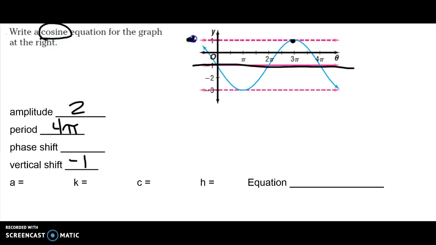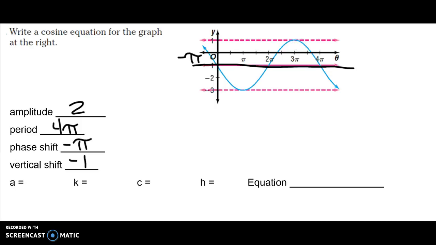It looks like it's going to touch right here at -pi. Now make sure that your period is still 4 pi. If I went from -pi to 3 pi, is that still 4 pi? Yes, it is. So I'm going to call my phase shift -pi. If you call it 3 pi, it's no big deal. It just changes some of your numbers a little bit, but it's still understandable.